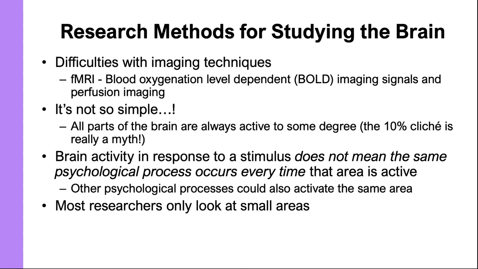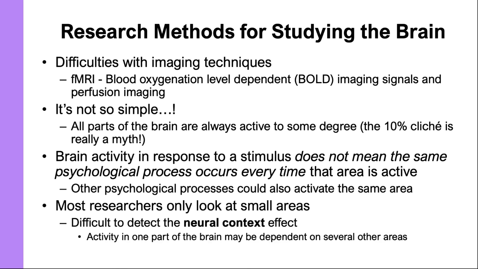One of the things that's important to remember is the neural context effect, and that's that there's no one part of the brain that is responsible for any one psychological process or function, because activity in one part of the brain is reliant on activity in many, many parts of the brain because of the connectivity that I was just mentioning. Certain parts of the brain are dependent on many other areas.